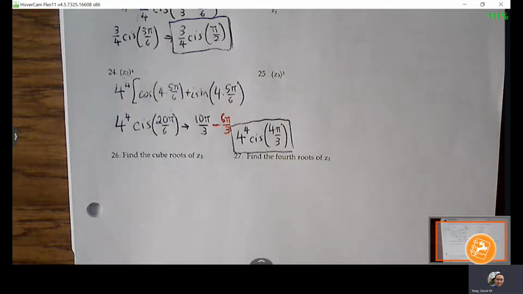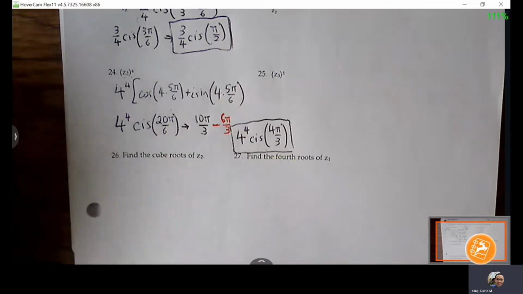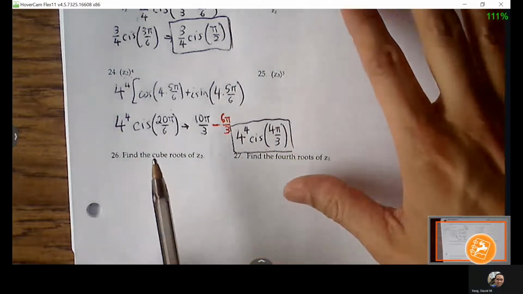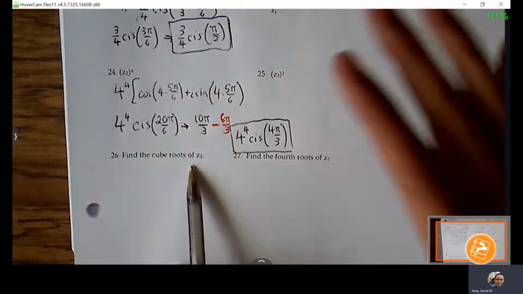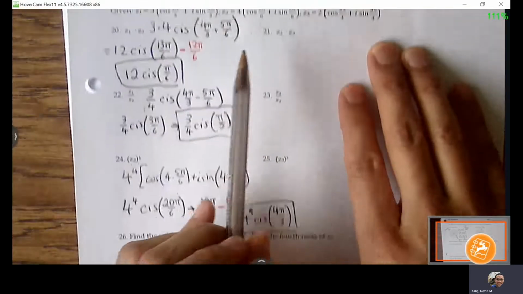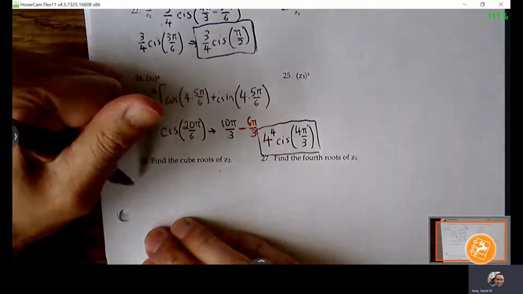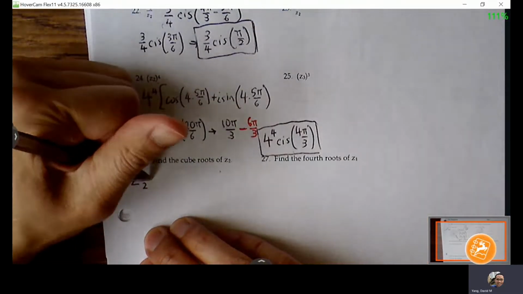Okay, so finding cube roots, this is where we have to go through multiple steps, right? First thing is, if it's not in polar form, we get into polar form, but the nice thing is it's already in polar form. So let me just rewrite Z2 so that we know what we're working with.